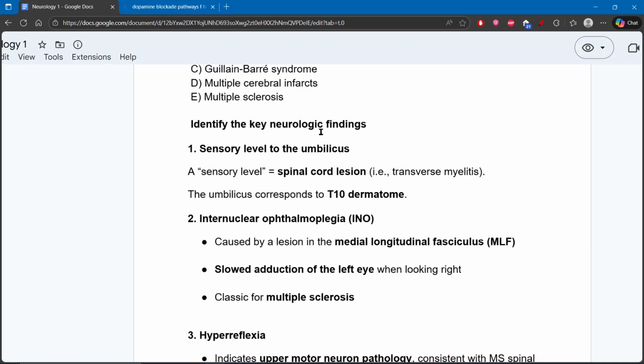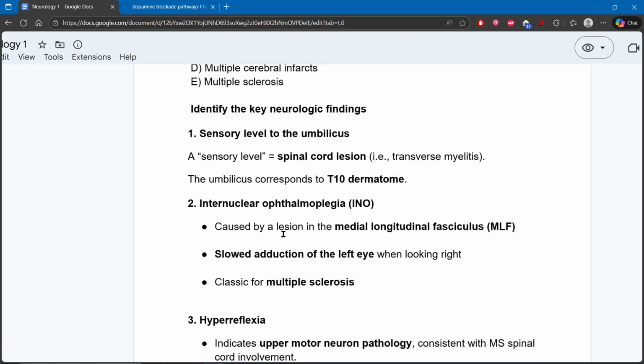The key neurological finding to identify, number one, is the sensory level to the umbilicus. Whenever a sensory level is given, it means there is a spinal cord lesion. It could be transverse myelitis or any other spinal cord lesion. The umbilicus, you must remember, corresponds to the T10 dermatome.